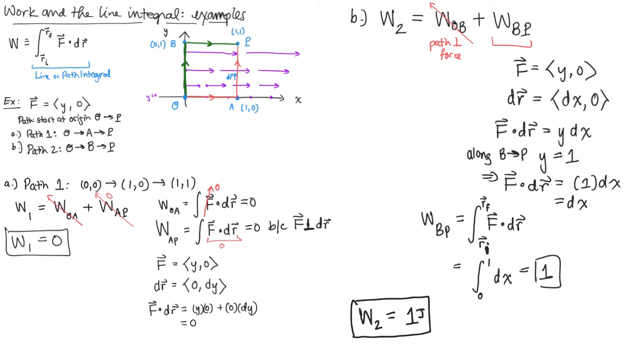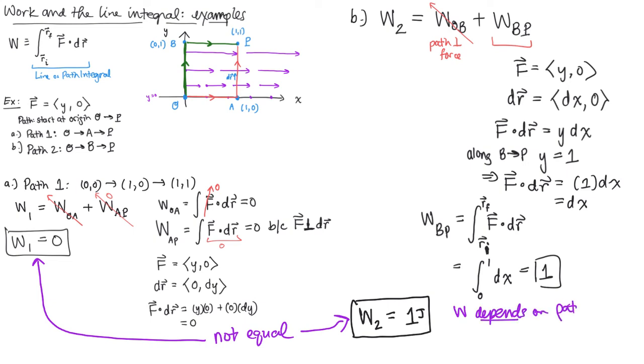So we have the interesting result that we've computed the work 2 ways and it's not equal. So the work depends on path. So we say that this force is not conservative.